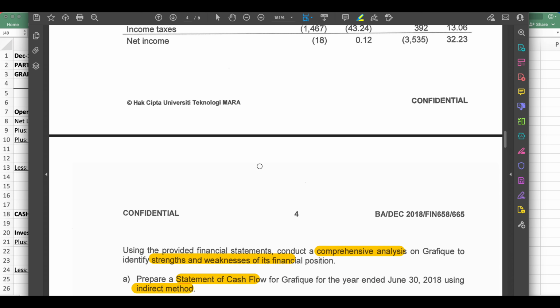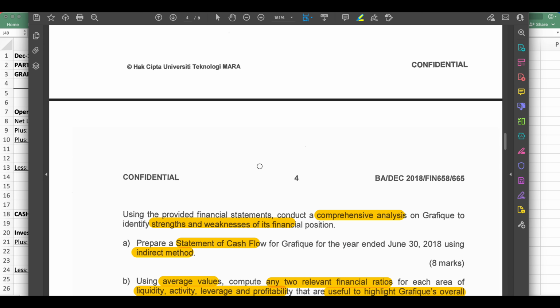Now, we are going to look at the question. Today in this video, we are going to answer A. Using the provided financial statements, conduct a comprehensive analysis on Graphic to identify strengths and weaknesses of its financial position. A, prepare a statement of cash flow for Graphic for the year ended June 30th, 2018 using the indirect method.